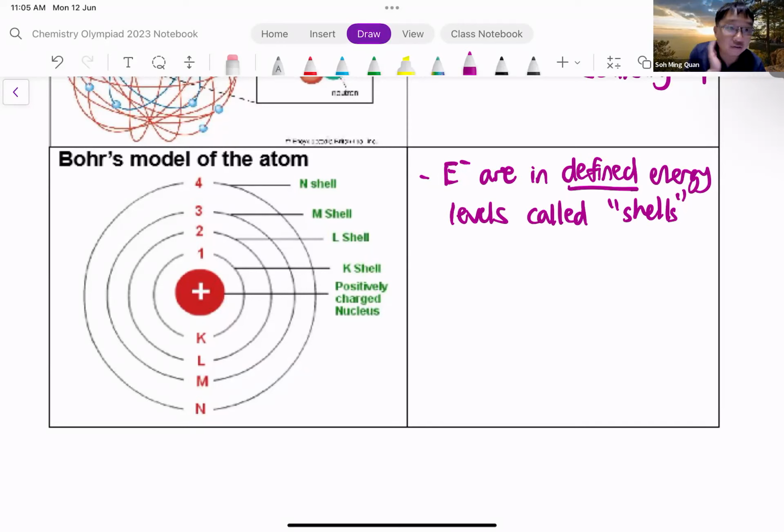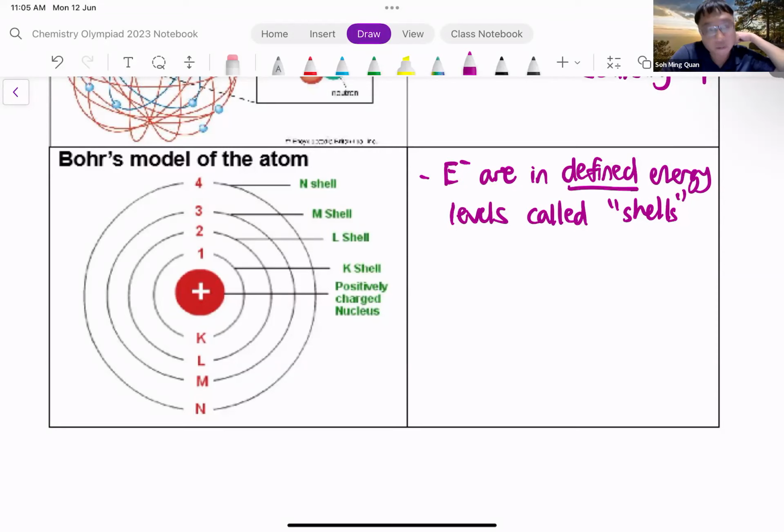The energy levels are defined, it's fixed. Now, Bohr's model of the atom has these concentric circular shells. And he actually gave the shells names, so he didn't call them first shell, second shell like we do today. So the first shell is called a K shell, the second shell is called the L shell, and so on and so forth. So that was how Bohr called it.